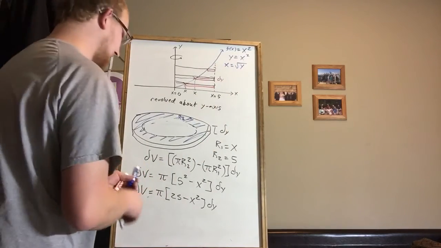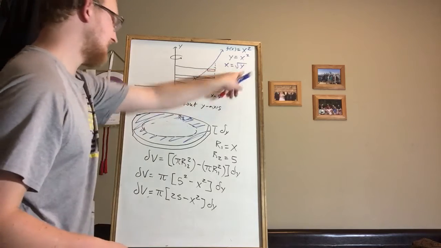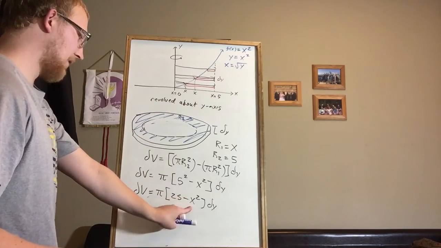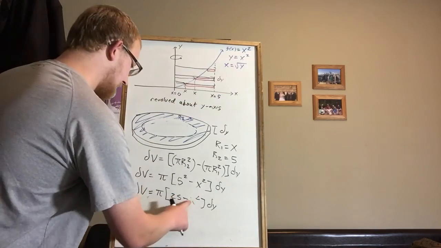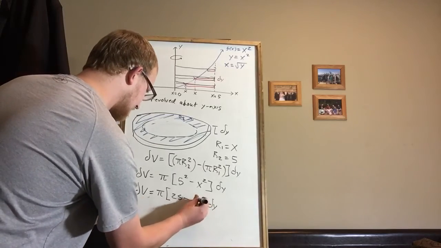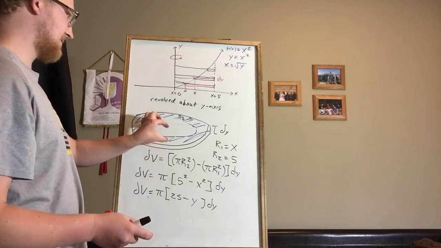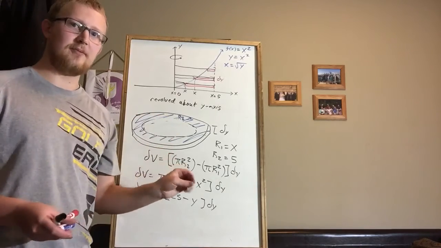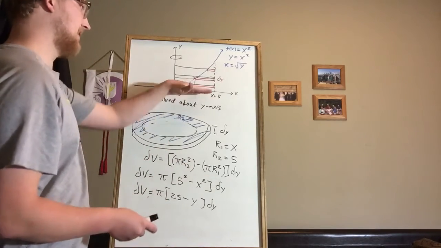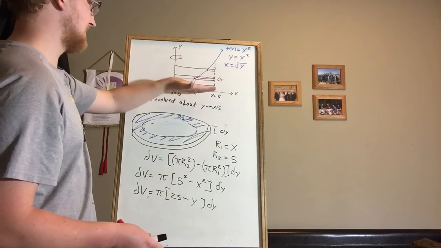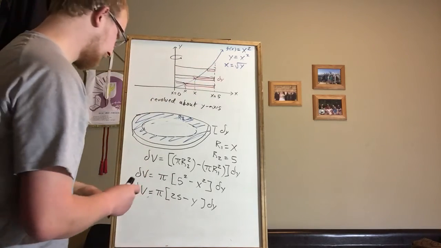And so then we could go ahead and do the substitution. If x equals the square root of y, the square root of y squared is just y. So we do that substitution. And here's where the magic happens. We've figured out what this infinitesimal chunk of volume is and how to map it as we integrate on the y-axis from here to there.